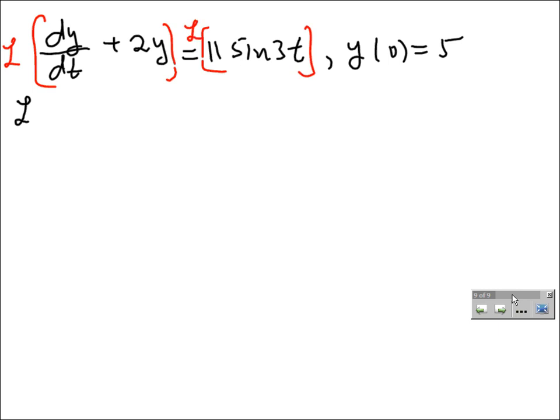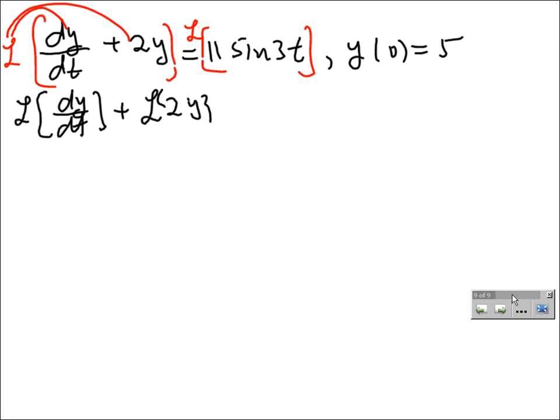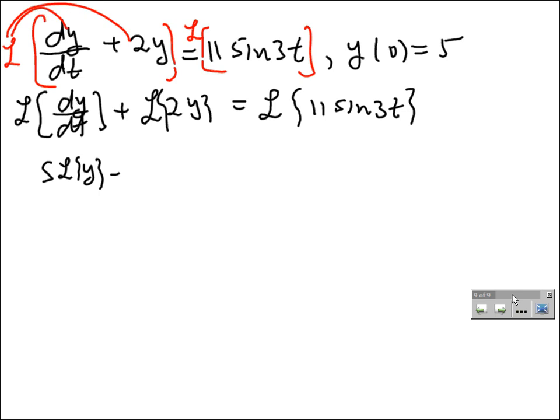Remember, Laplace is linear. So I can take the Laplace of the first term plus the Laplace of the second term, plus the Laplace of 2y. And this is going to equal the Laplace of the right-hand side. Now, the Laplace of y prime is s times the Laplace of y minus y or f of 0.